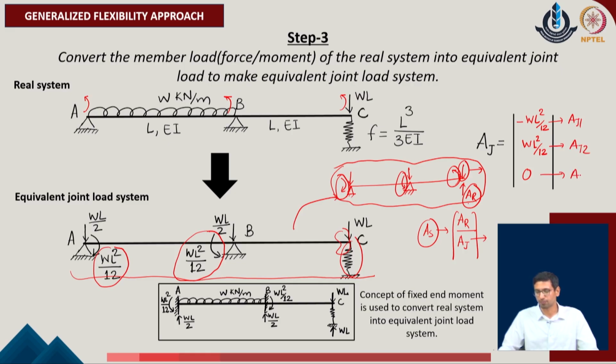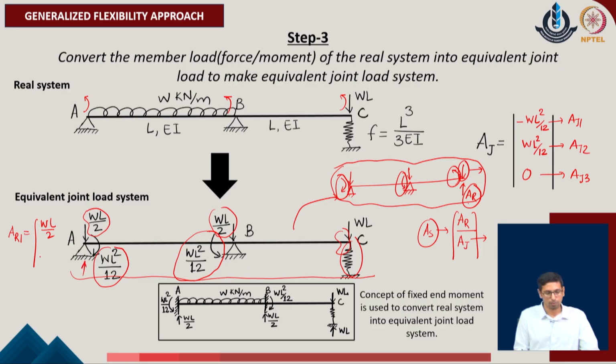What we have not added at the same point is the contributions of these reactions which are active in the direction of those supports which are restrained in the given problem. We can just keep them separated and call it A of R 1, and they again appear as WL upon 2, which is corresponding to the reaction at the joint 1.